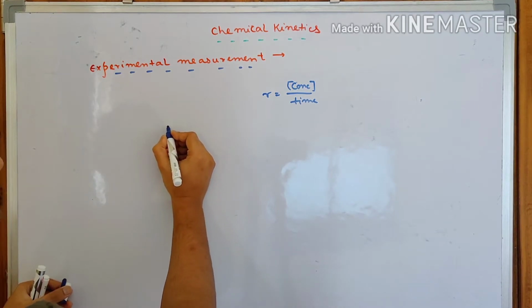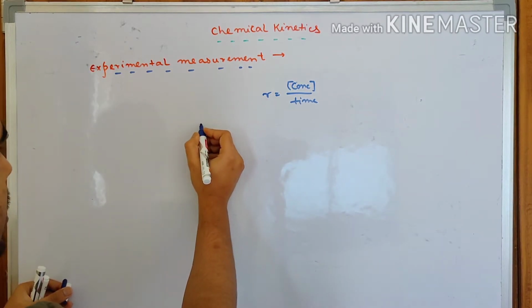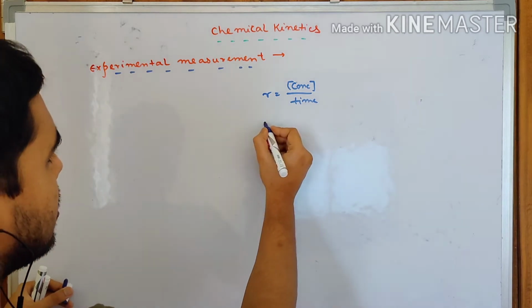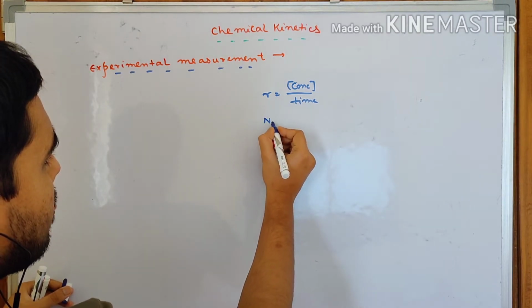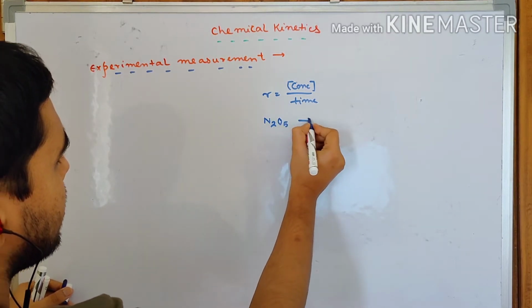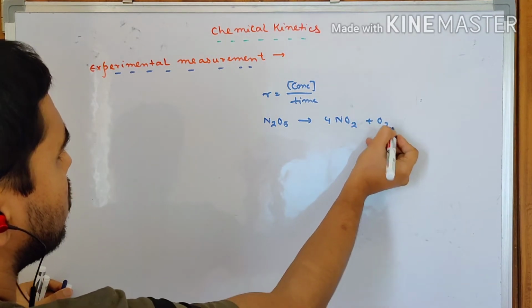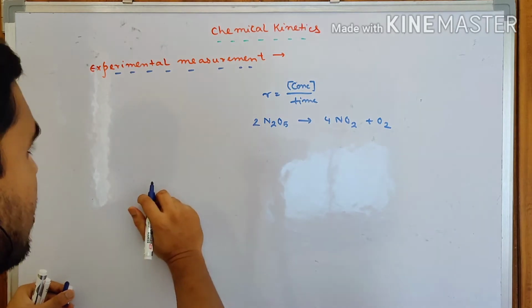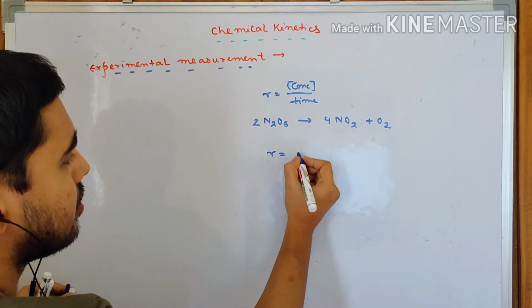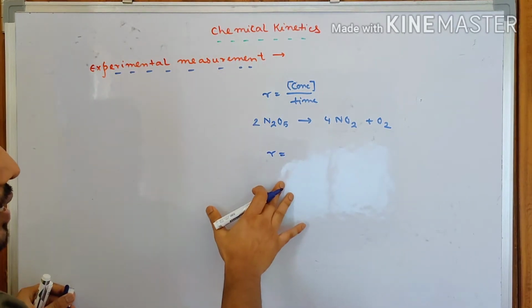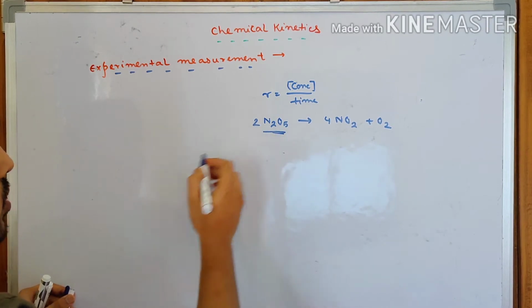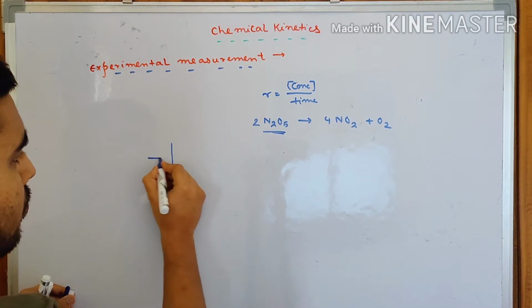Suppose we are choosing the reaction of N2O5 giving rise to 4NO2 plus O2. I think it is like this. So here obviously the rate depends on this. There can be a graph.